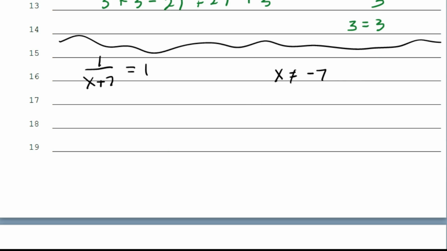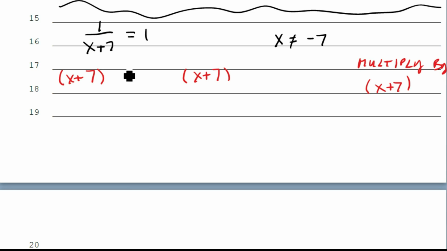And other than that, the first thing we could do is multiply both sides by x plus 7. X plus 7 times x plus 7.